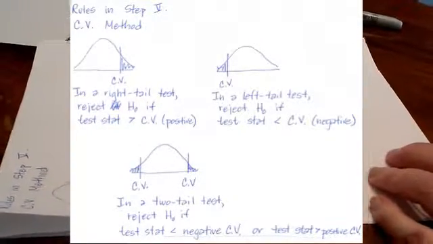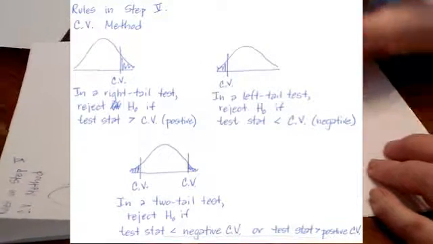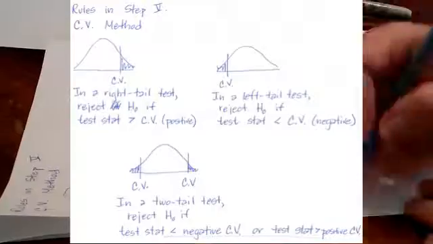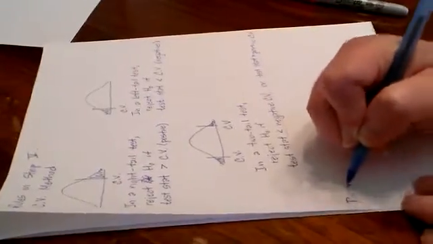Okay, so if the test statistic is less than the negative, greater than the positive, so either one of those, we're going to reject.